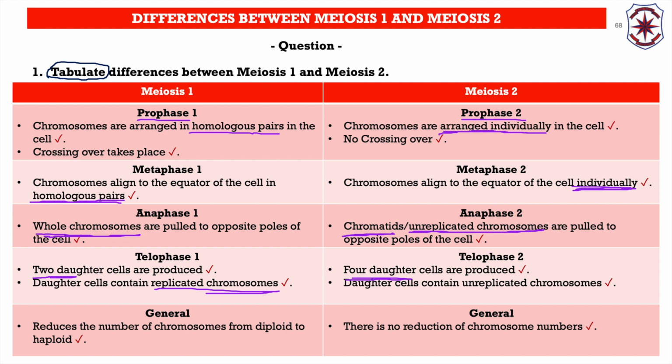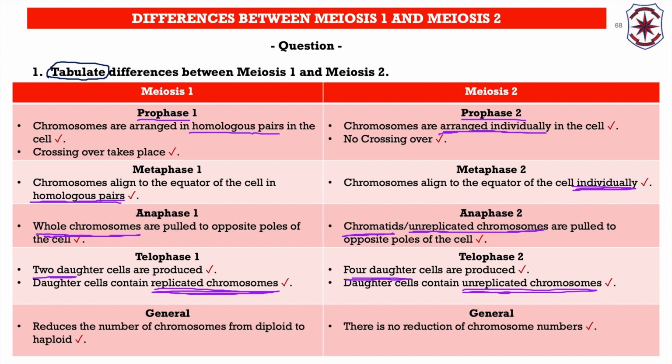So all the daughter cells have chromosomes that have 2 chromatids each, but at the end of telophase 2, unreplicated chromosomes result in the daughter cells, meaning all the daughter cells, all 4 of them, will contain chromosomes with 1 chromatid each.